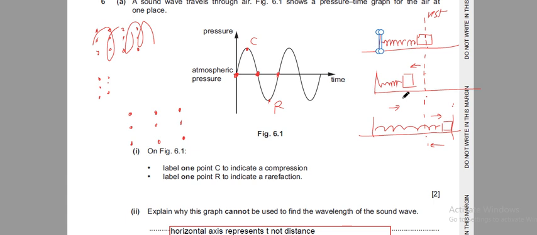Then you will find this graph is reasonable and you can understand the answer of having C at the peak and R at the trough.